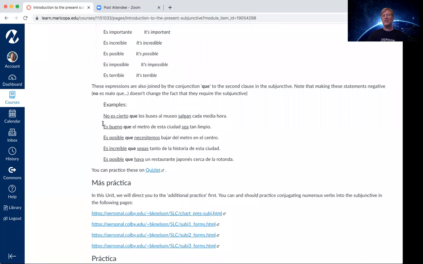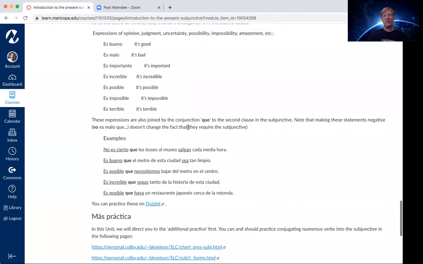So let's take a look at this one. Es bueno. Es bueno que el metro de esta ciudad sea tan limpio. Es bueno expresses an opinion, which isn't expressed as certainty, and therefore we use the subjunctive in the dependent clause.